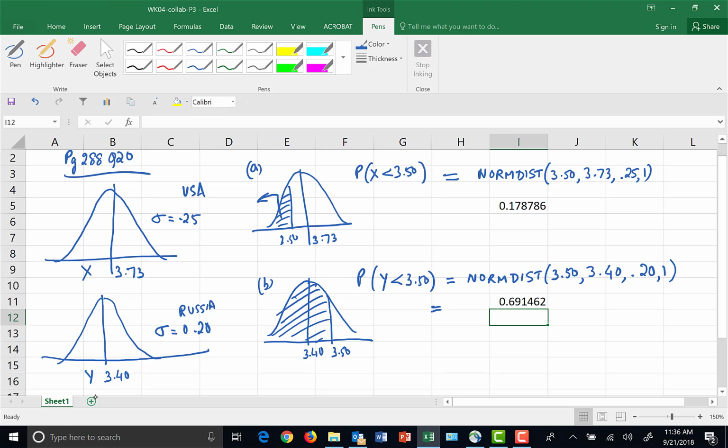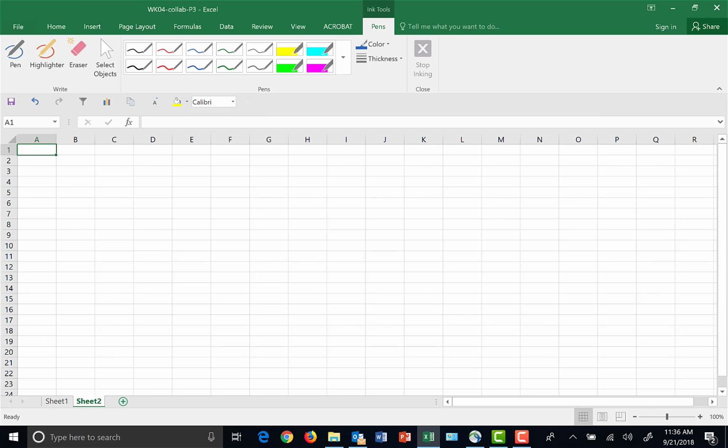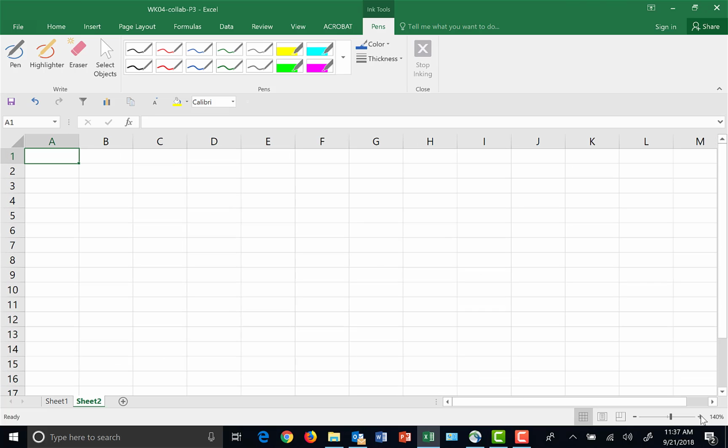I'm going to bring up a fresh sheet and let me expand this a little bit. Part C of the problem says, what is the probability that a randomly selected gas station in Russia charges more than the mean price in the United States?